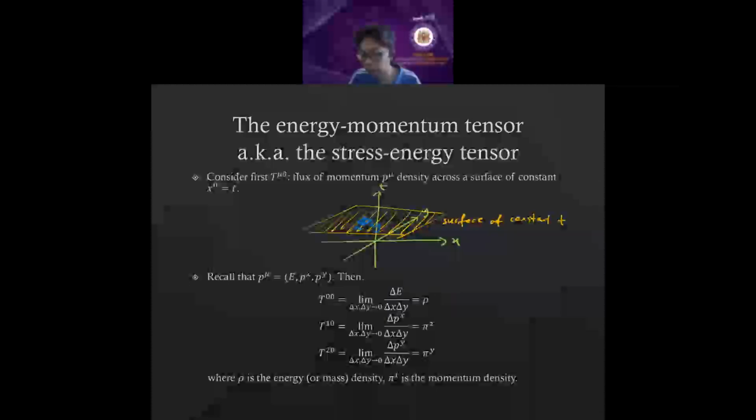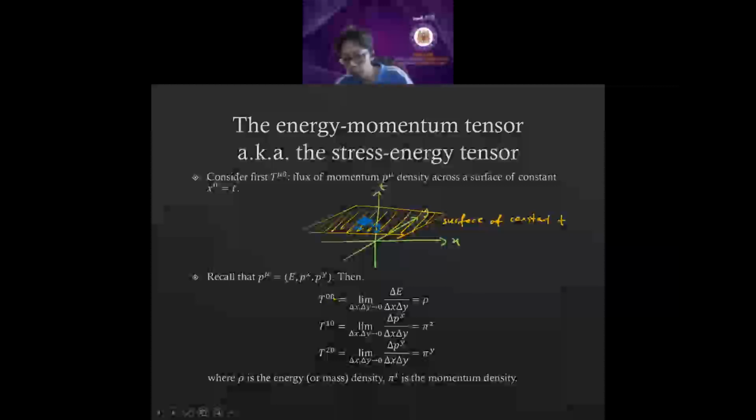Energy within this area in the limit as the area goes to 0, right? So that by definition T00 is the momentum density on this surface. That is the flux of the momentum density across this constant surface t.